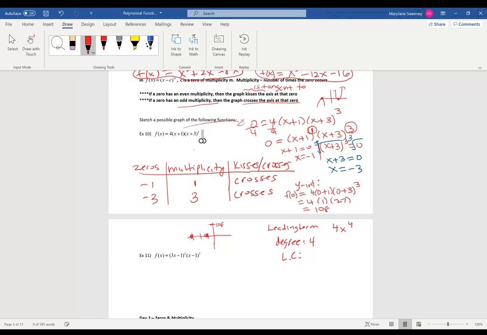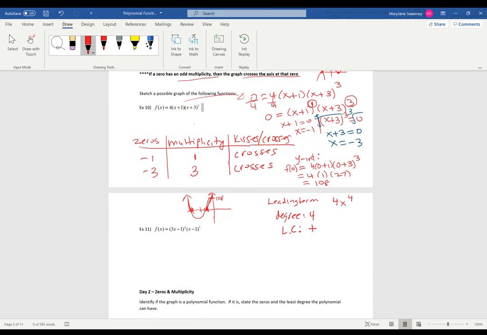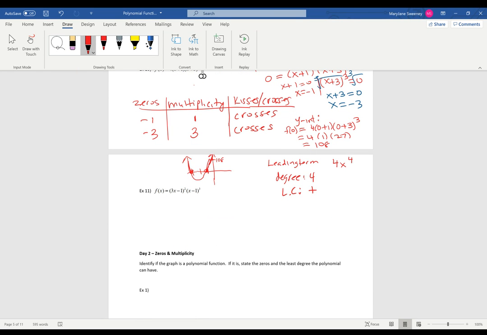Leading coefficient is positive, so that means my ends should be up. It should cross at -1 and -3, and it needs to go through my y-intercept. So that would be a sketch of the graph, without me touching the calculator. Yeah, I don't know where that minimum is, but we're just doing a sketch of the graph.